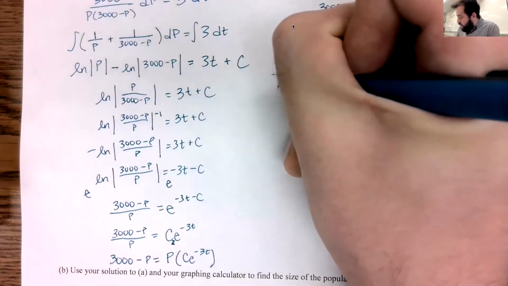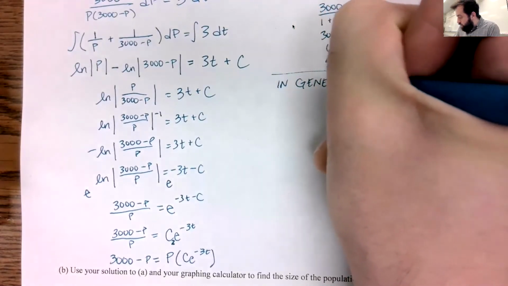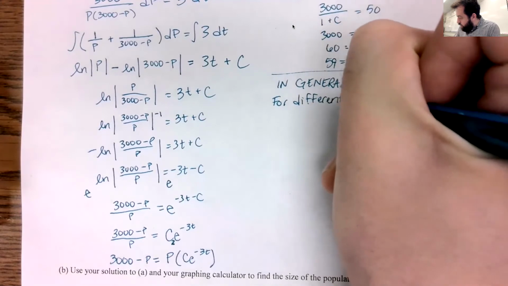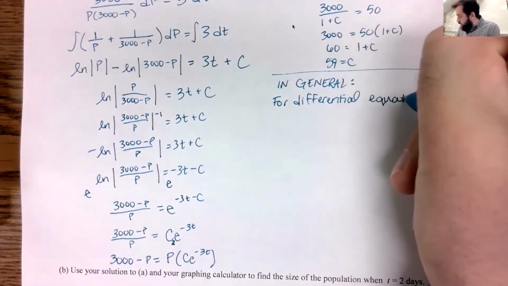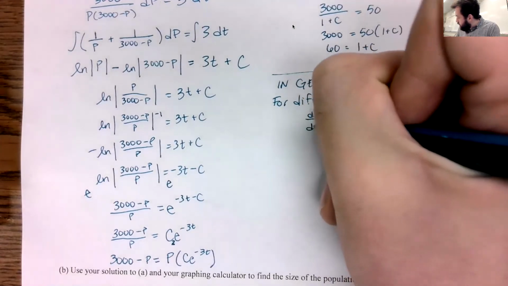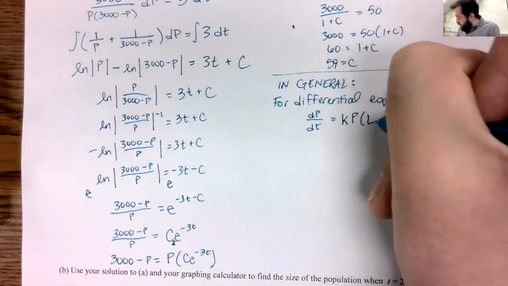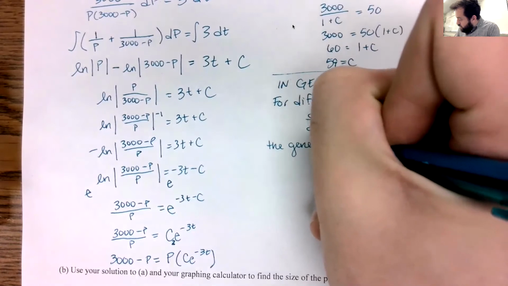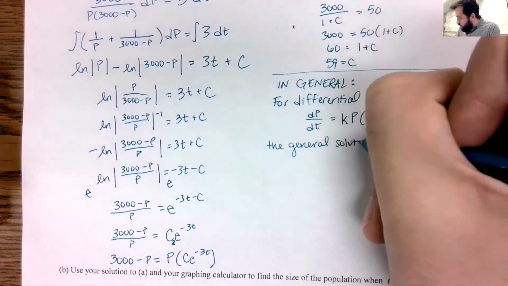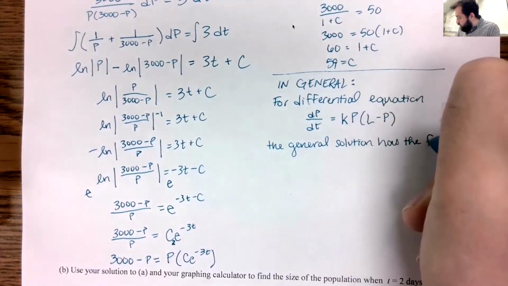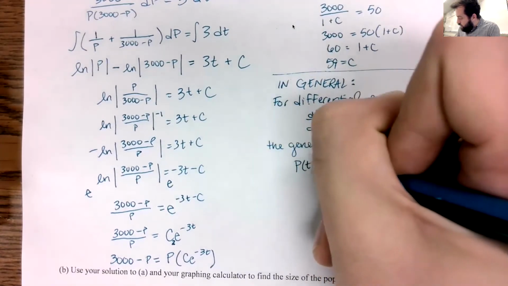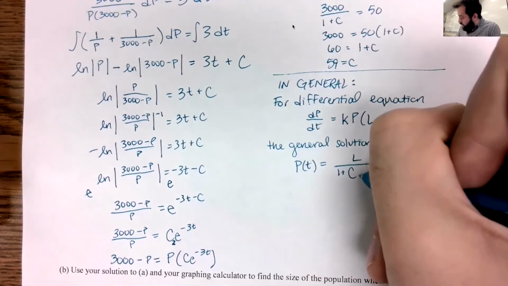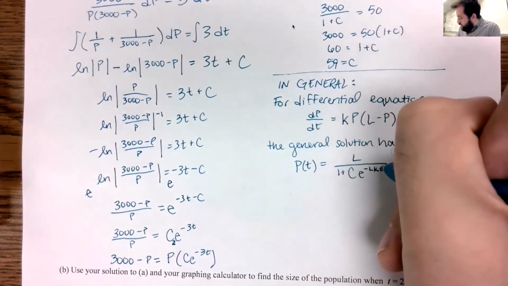We're going to say in general, for the differential equation in the form that we know from last lesson, dP/dt equals k times P times (L minus P), we could say that the general solution has the form P(t) equals L over 1 plus c e to the negative L k t.